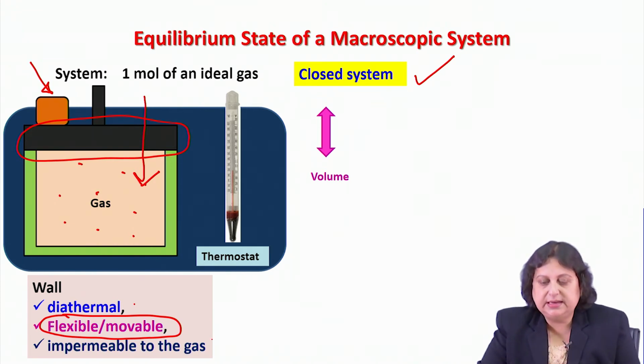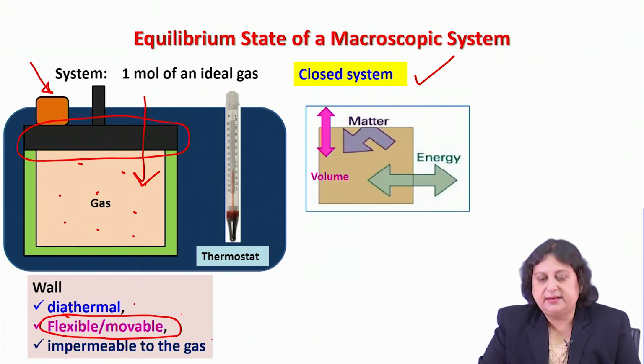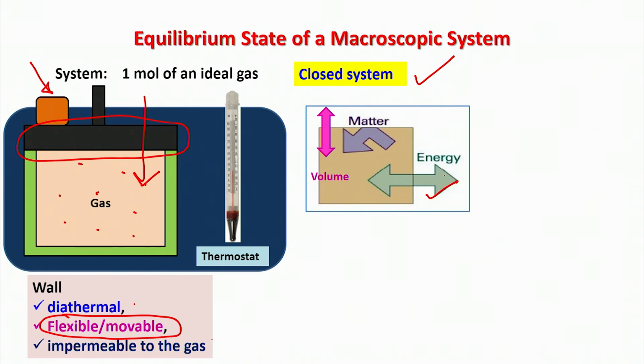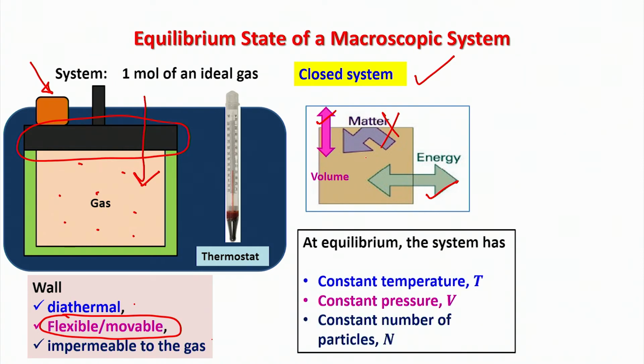So under this condition, what I understand is my system can exchange energy and volume with the surrounding, but it cannot exchange any matter. And therefore, the equilibrium state will be characterized by a constant value of temperature, constant value of pressure, and constant number of particles.